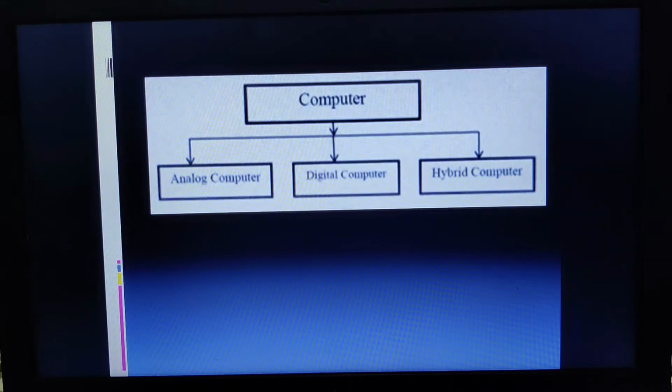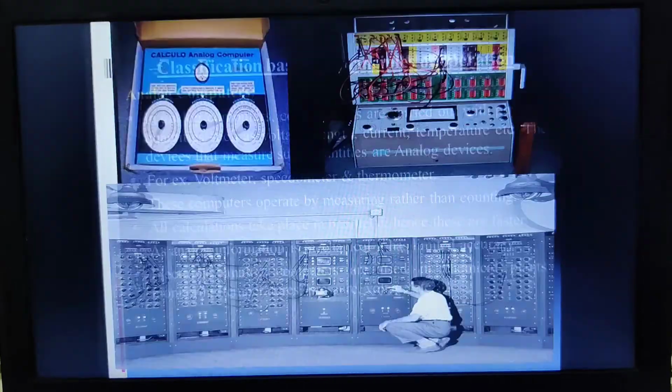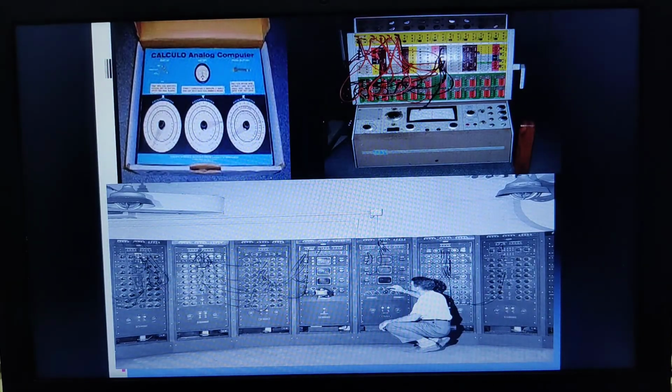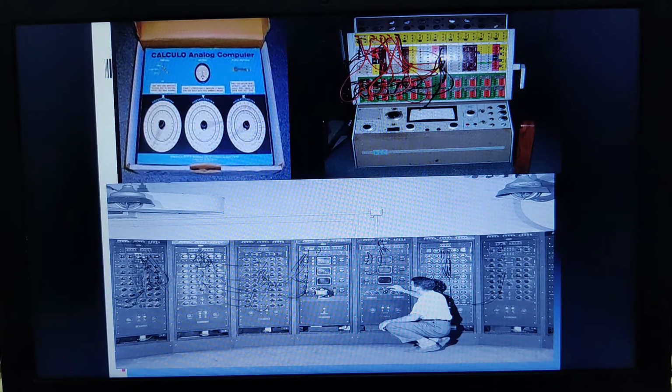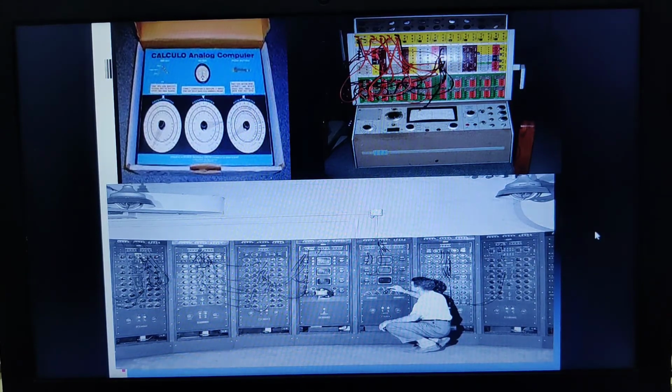In analog computers, the computations are carried out with physical quantities such as voltage, length, current, temperature. The devices that monitor such physical quantities can be referred to as analog computers.